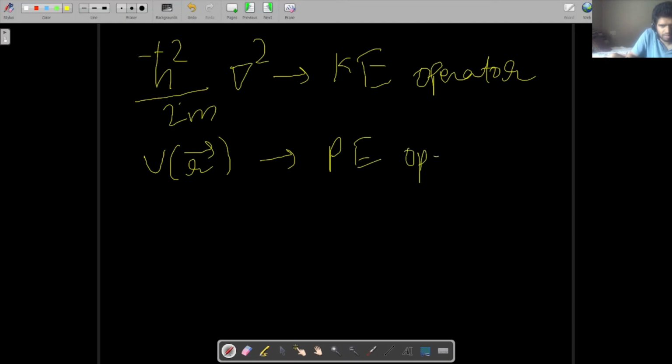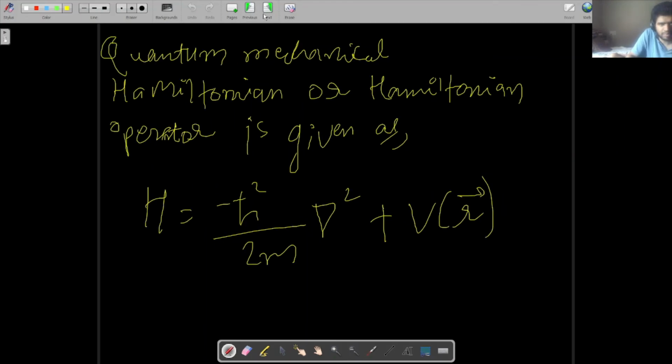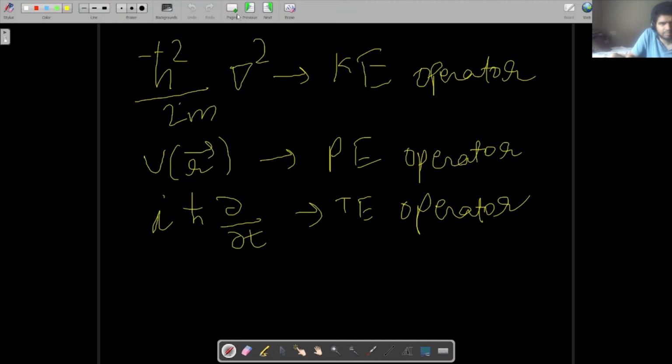And iħ ∂/∂t is basically the total energy operator. So over here, E equal to iħ ∂/∂t is basically your energy operator.